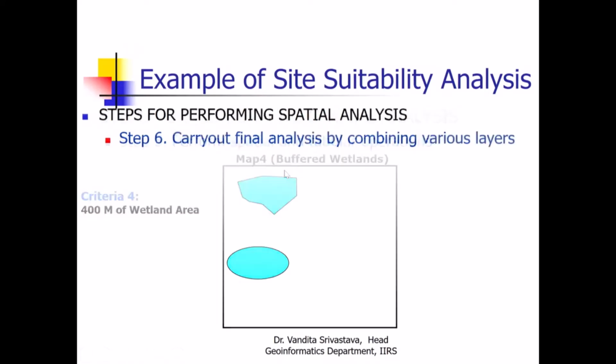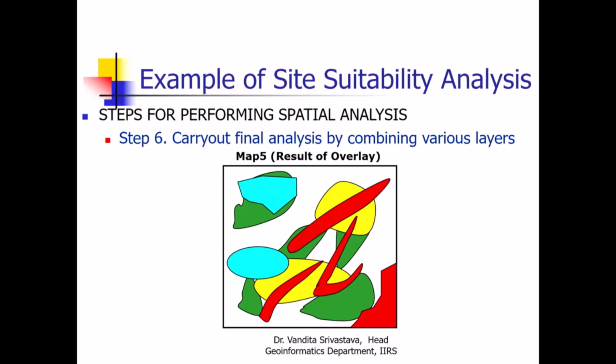Now if I integrate them all together, this is how it looks. This is a physical overlay, the physical look of what it will look like, but the actual logical overlay will be something different. So the first layer, and then I have kept on putting the other layers on top of it. Which are the areas that will satisfy all the criteria?